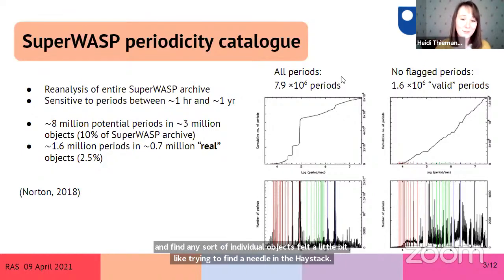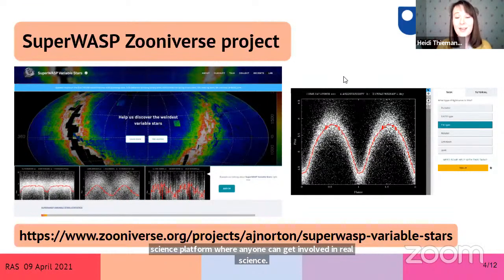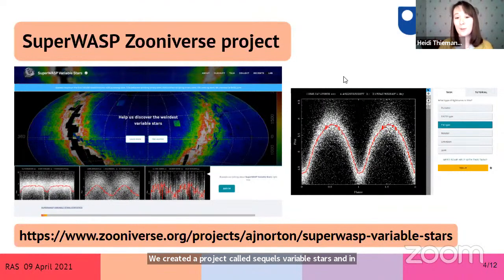So one way we went about solving that problem was to upload all 1.6 million potential periods to the Zooniverse, a citizen science platform where anyone can get involved in real science. We created a project called SuperWASP Variable Stars, and in this project we simply asked the public to look at SuperWASP light curves and classify the type of variable star that they belong to.